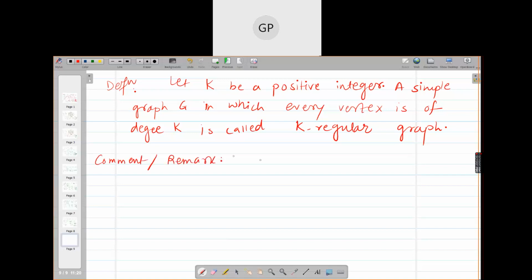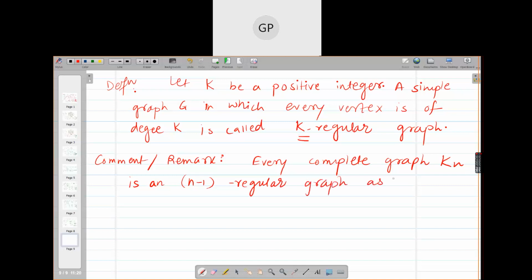Now, write a comment or a remark, you can say. So, on the basis of the definitions of complete graph and regular graph, we can conclude that every complete graph Kn is an n minus 1 regular graph. वो जो k है आपका यहाँ का k, that is n minus 1 regular graph, as the degree of each vertex in Kn is n minus 1.